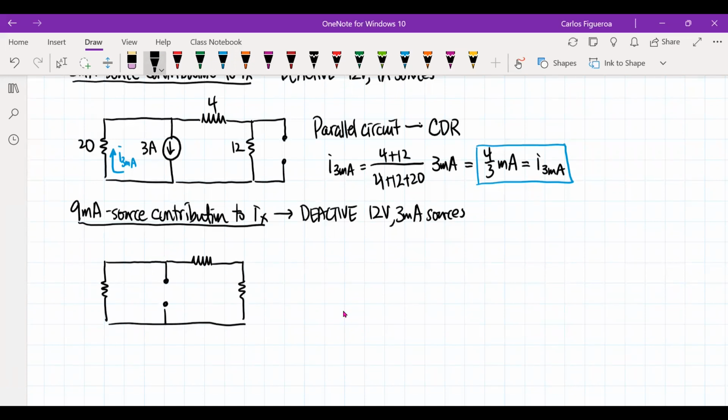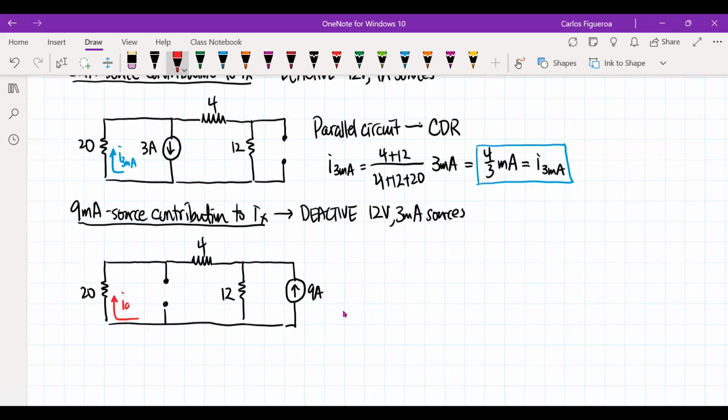Now I'm going to contribute with the 9 milliamp source in this direction right here. So again, this is my 12, this is my 4, this is my 20. In this case, we see that the current is going like this.